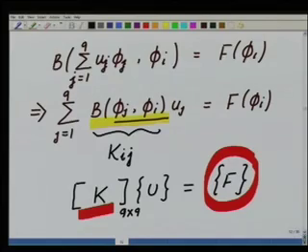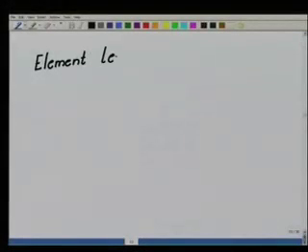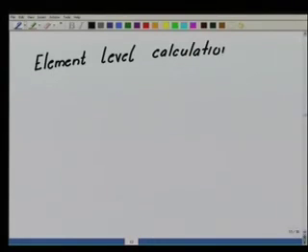First, we have to apply boundary conditions, invert the matrix, and the solution is there. Okay. So, to do this, what do we do? We have to again go back to the element level calculation.